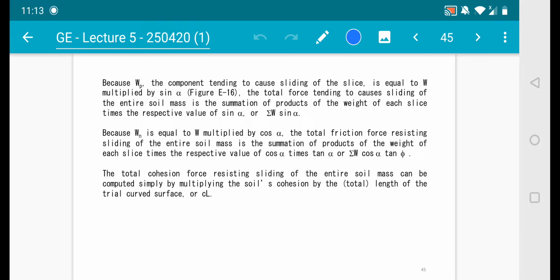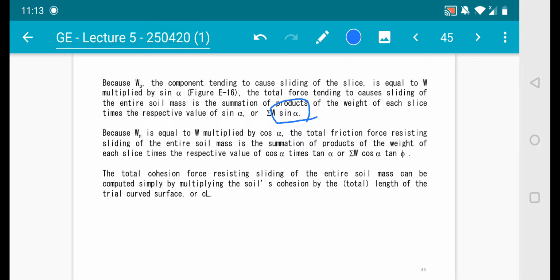Now because Wp, the component tending to cause sliding of the slice, is equal to W multiplied by sine alpha in figure E16, the total force tending to cause sliding of the entire soil mass is the summation of the product of the weight of each slice times the respective value of sine alpha. So if you're talking about a single slice, it is represented by just W multiplied with sine alpha.